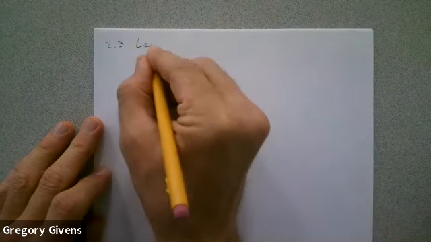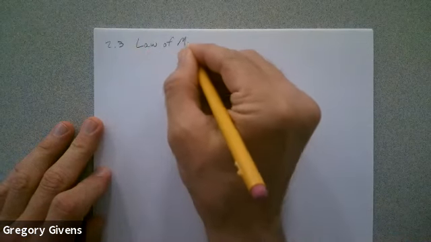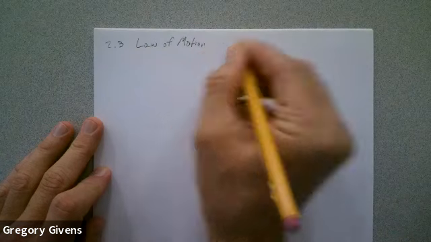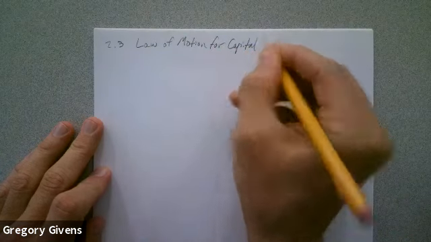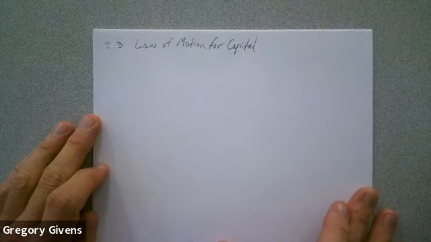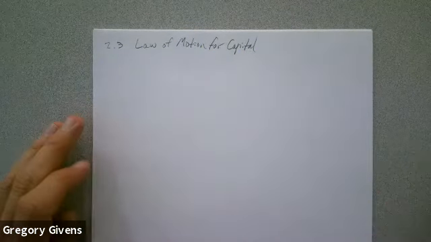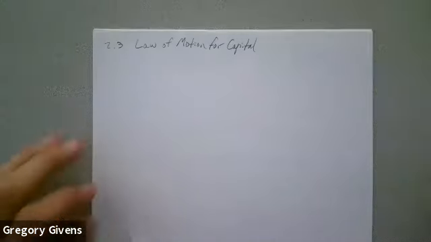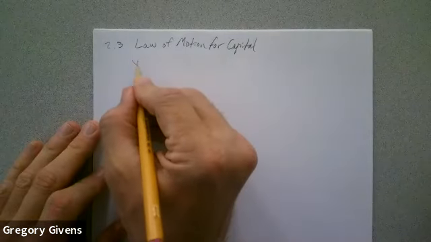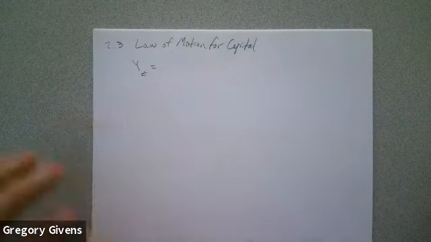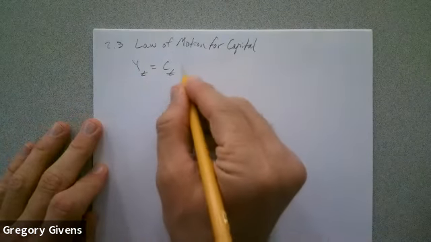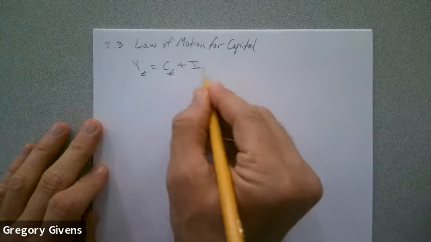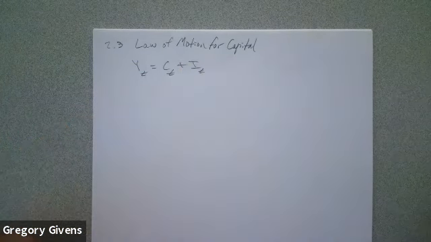Okay, so where do we start here? Let's see, law of motion for capital. The economy is closed and there is no government sector, just like in the Solow growth model. So a nation's income or total expenditures are going to be allocated between aggregate consumption and aggregate investment.